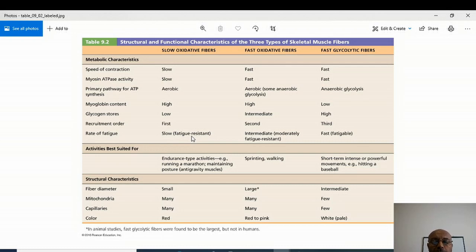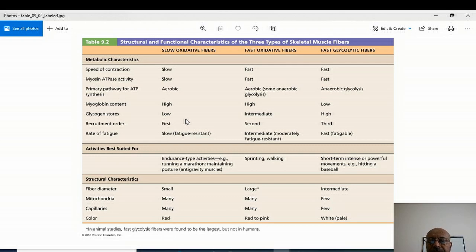So if a person has most of his or her muscle of this type, slow oxidative type, they are good for exercises or sports which need endurance, like marathon, where you have to be running for a long distance for an extensive period of time.